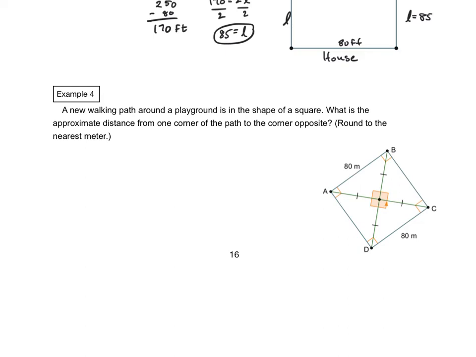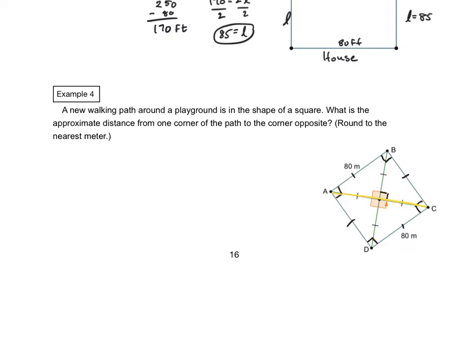If we know it is a square, a rhombus and rectangle, we have perpendicular bisectors and 90-degree corners. I know that this side is congruent to all the other sides, and I need to figure out this length right here.